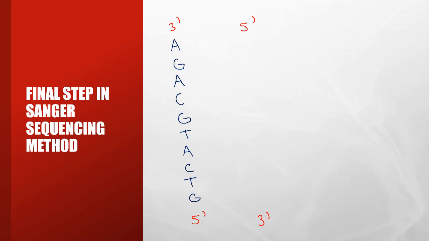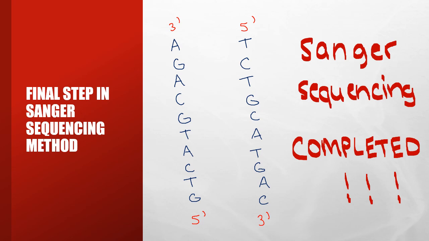So our complementary original DNA template strand should be T, C, T, G, C, A, T, G, A, C. And this completes the Sanger sequencing method, or the original method of dideoxy DNA sequencing.